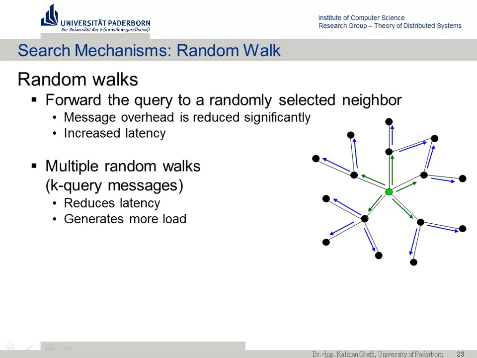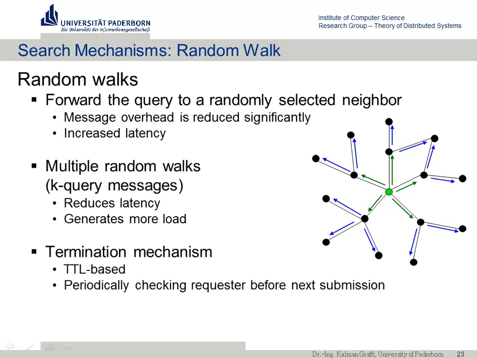So how can it be improved? One aspect is that instead of sending just one random walk, let's say your random walk has a time to live of 10, then you generate in total in the network 10 messages. But if you send multiple random walks, let's say 2 or 3, then you generate 2 or 3 times the time to live. So 2 or 3 times 10, that means 20 or 30. So you increase the number of nodes contacted, and you also get further away from yourself, but you still generate only a linear load.